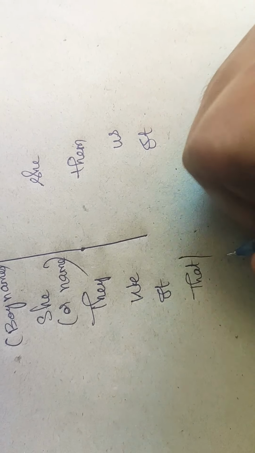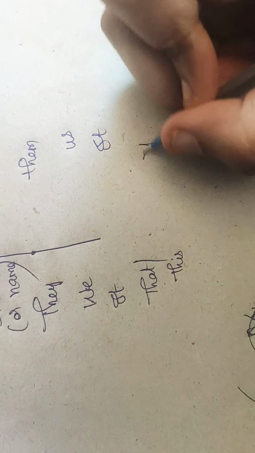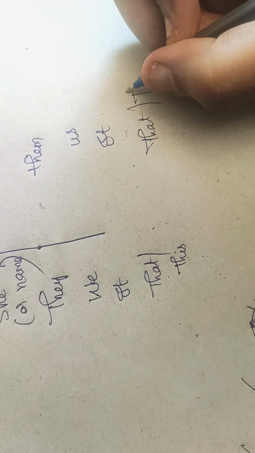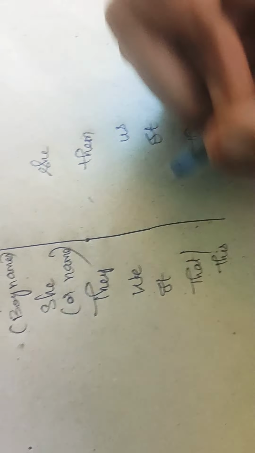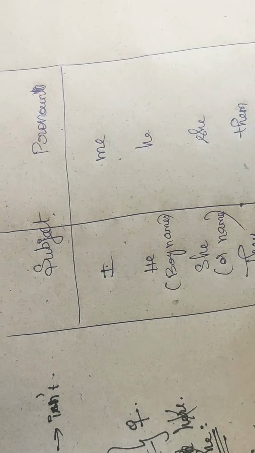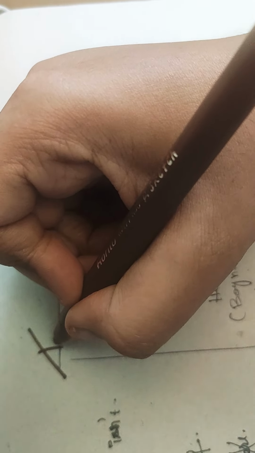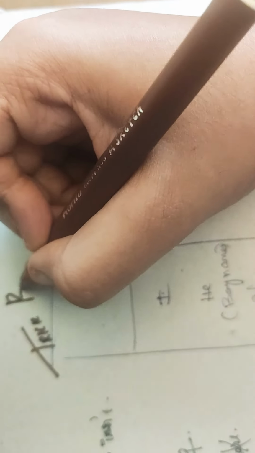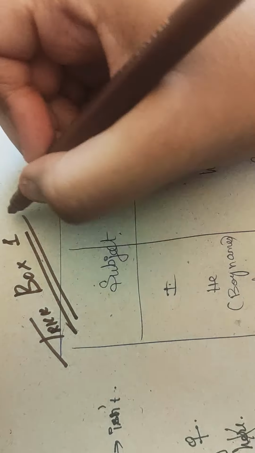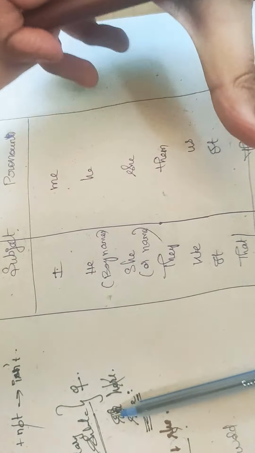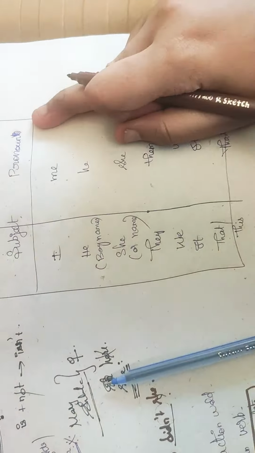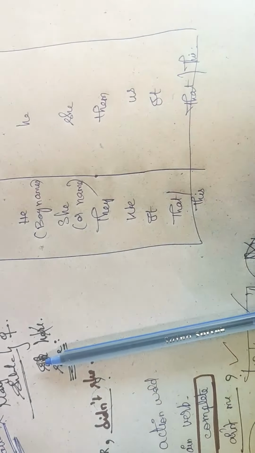That or this, the same that or this will be retained. So this is your very important trick box which you have to know. It is very important. You just have to know which subject takes which pronoun.